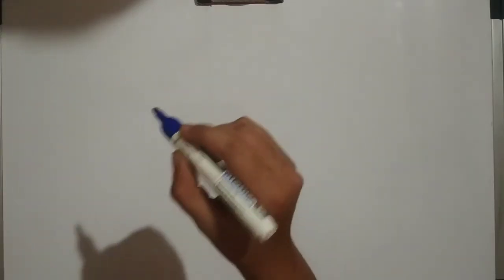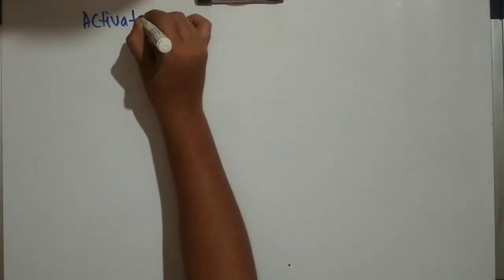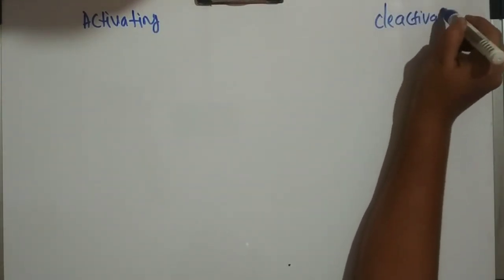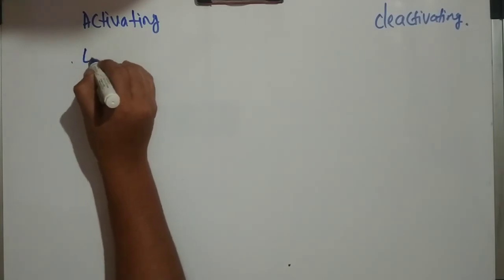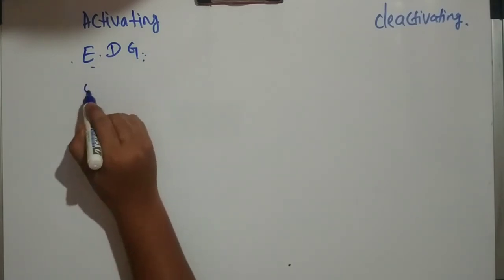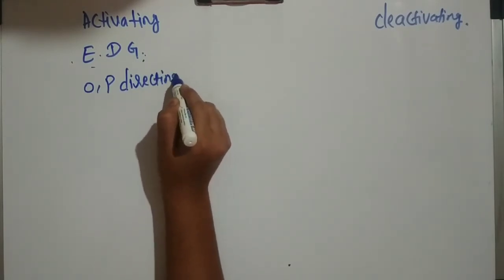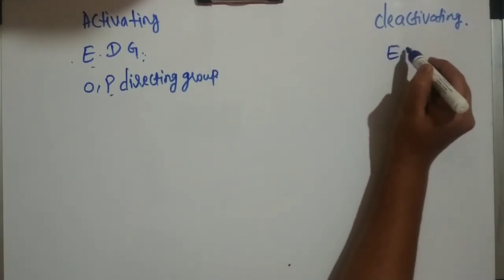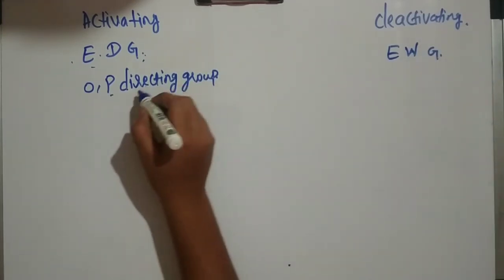We will see the comparison between activating and deactivating groups. Activating here and deactivating there. This is the electron donating group, or ortho or para directing groups. Here these are electron withdrawing groups.